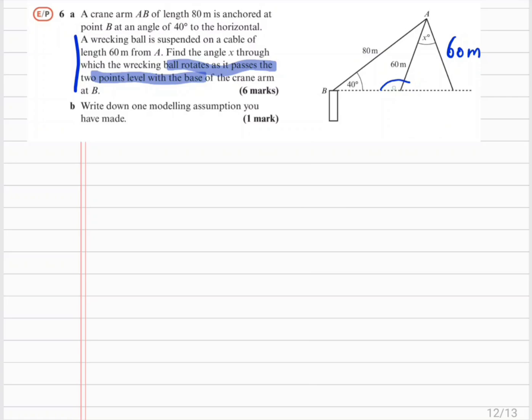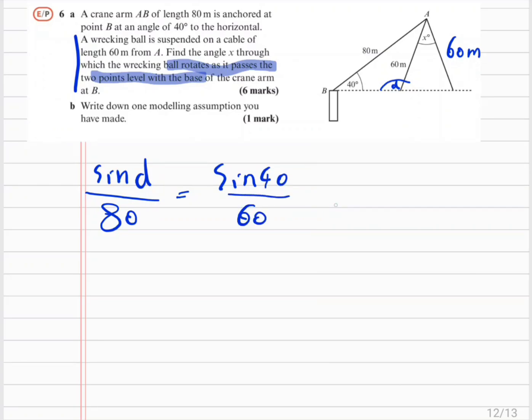Now we can do sine D over 80 is equal to sine 40 over 60, which we rearrange to sine 40 times 80 over 60. Now we find the sine inverse of the right hand side.